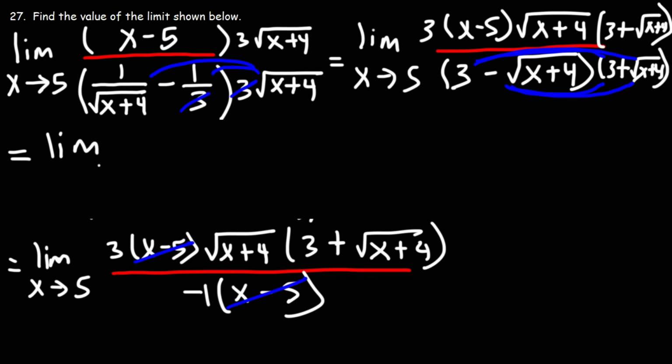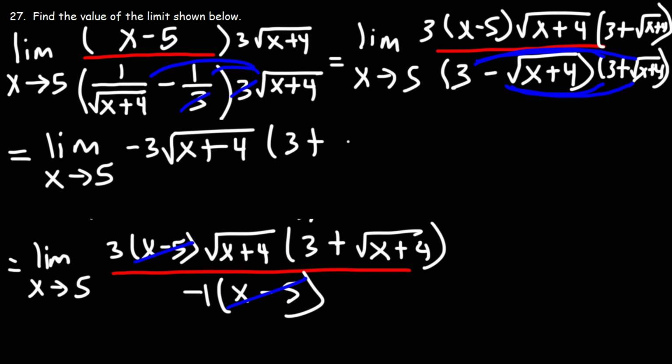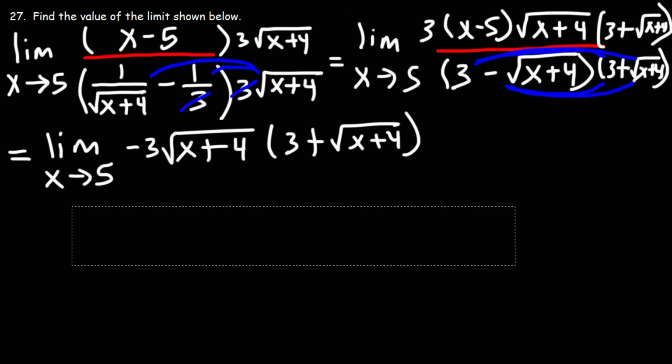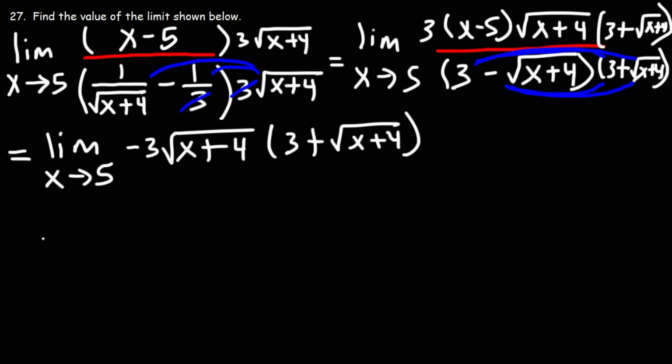So now what we have left over is the limit as x approaches 5 of negative 3 square root x plus 4, and then times 3 plus the square root of x plus 4. At this point we could use direct substitution.